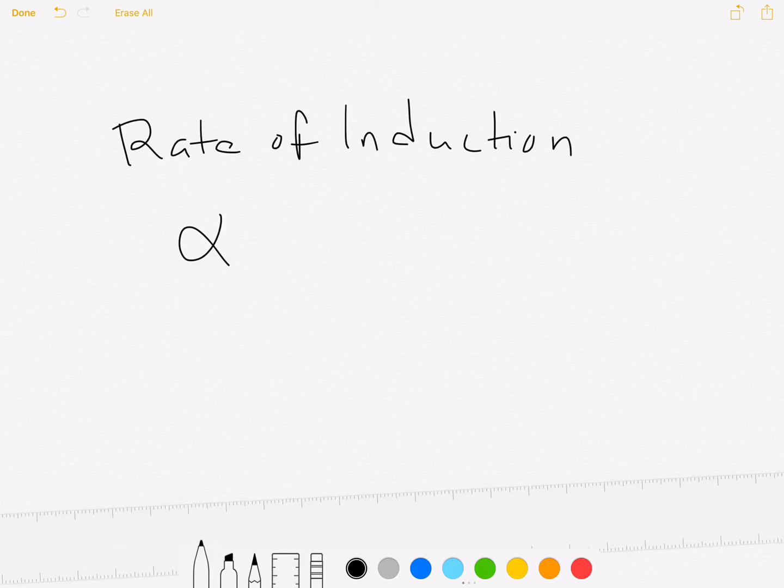The higher the cardiac output, the slower the rate of induction. It doesn't need rocket science to understand that. More blood flow means more anesthetic is removed from the alveoli, and hence it takes longer to reach a desired concentration in the alveoli. Hence, it takes longer to induce the patient.